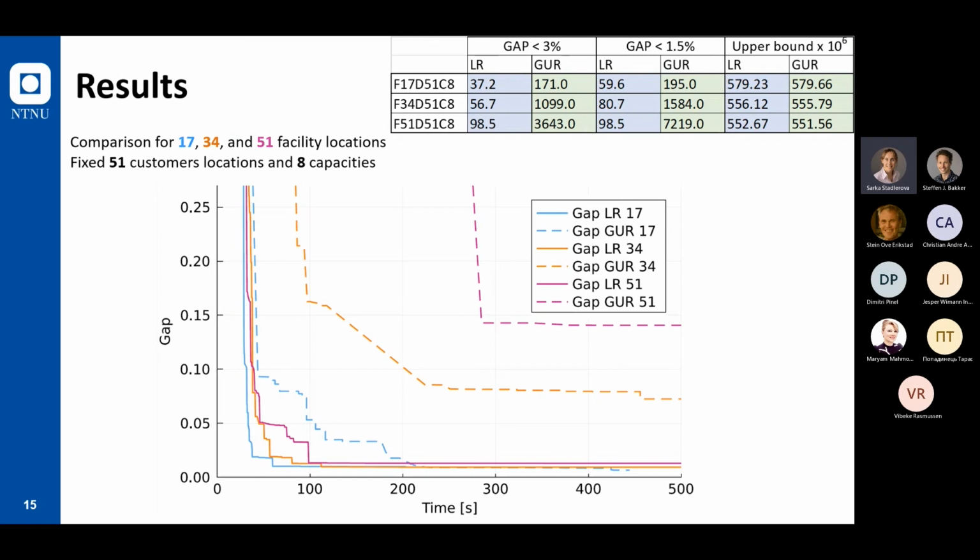But then when the problem size increases up to 51 facility locations, we can still find a nice solution with a gap lower than 1.5% within 98 seconds, while Gurobi needs more than 2 hours. And after 500 seconds, Gurobi is still way above 10%.